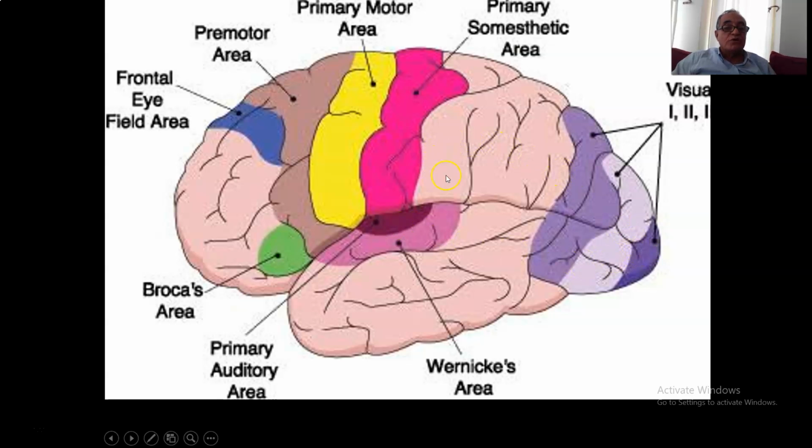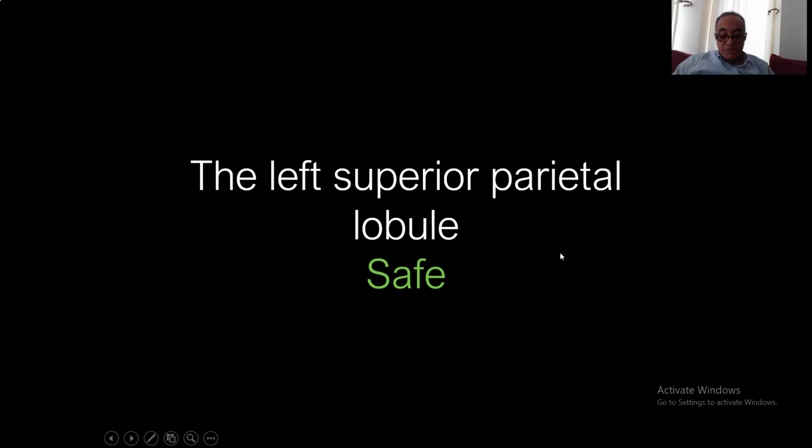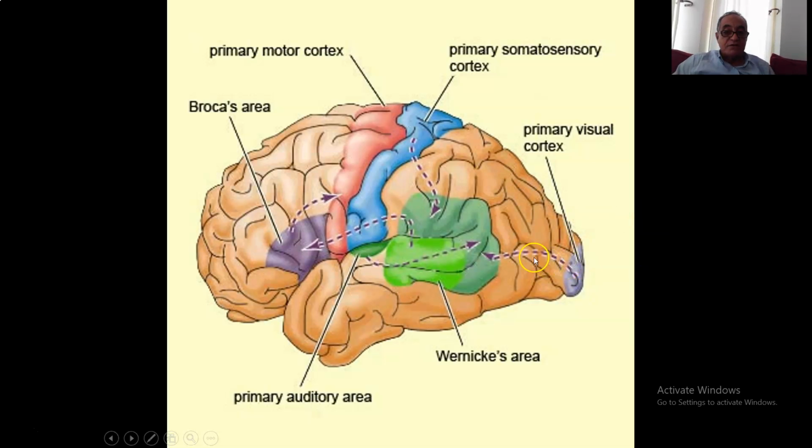If you draw a smaller area here in the supramarginal gyrus, I can understand what I feel, I can understand what I hear, and I can understand what I see, a smaller circuit. Maybe you can see it here better. I can see, I can feel, and then I know what I am feeling by the supramarginal gyrus.